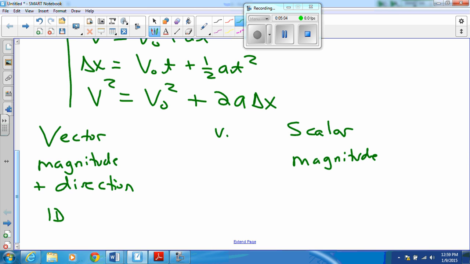In one dimension, how do we indicate the direction of a vector? Positive or negative, very good. In two dimensions, how do we indicate the direction? That's right. We use x and y components. How do I know whether to use plus or minus or components?